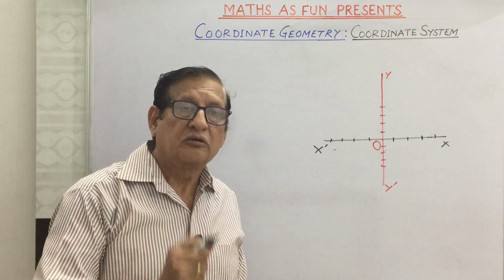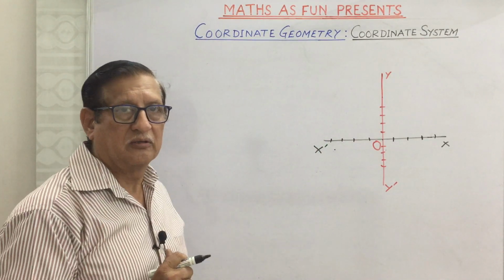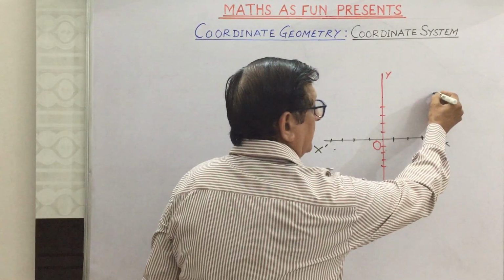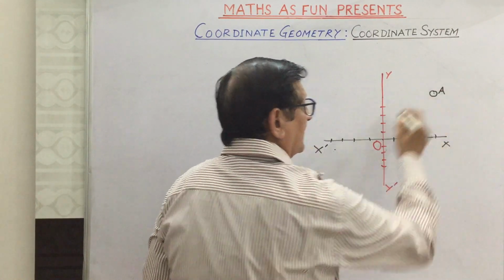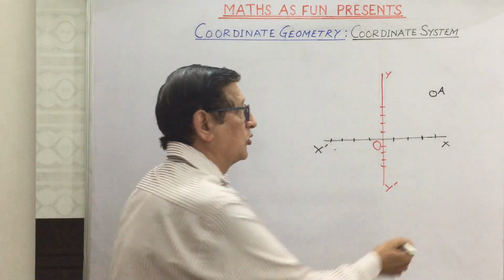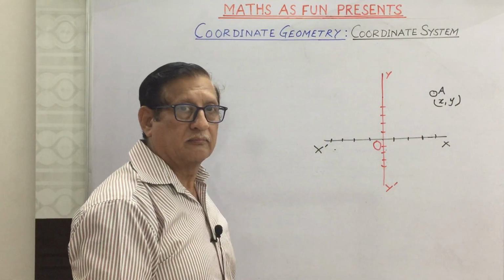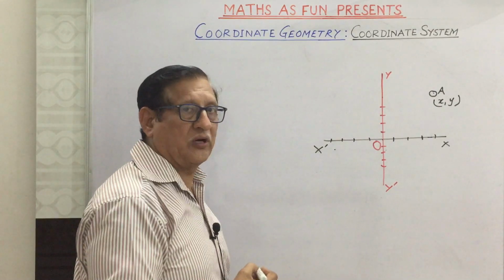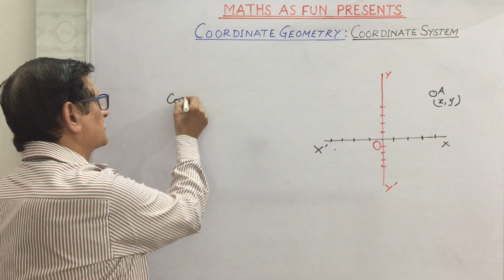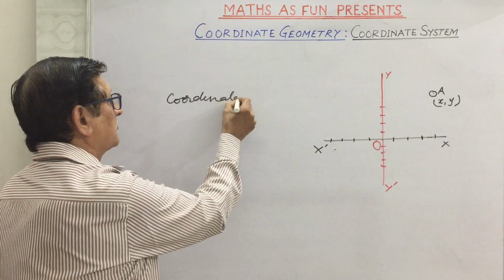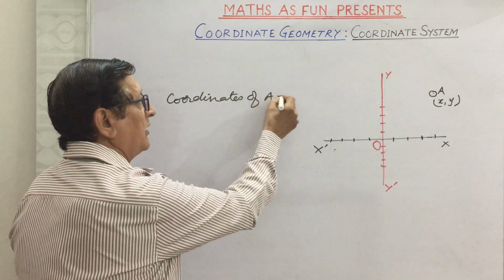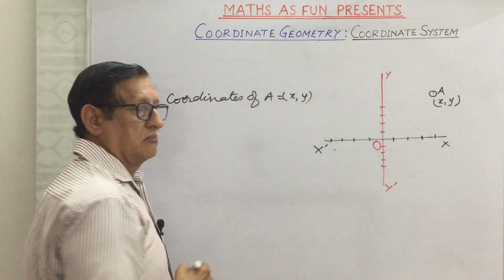Just now we learnt about the position of a point. Suppose we take a point here and the point is A. Suppose the coordinates of this are x, y. Then what are these x and y? The coordinates of point A are x, y.